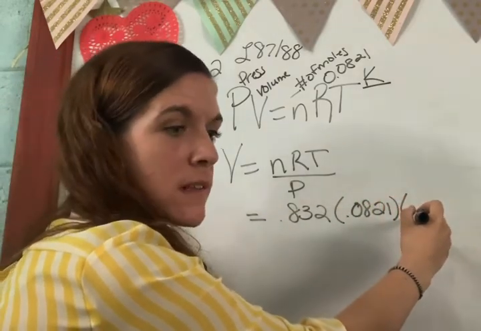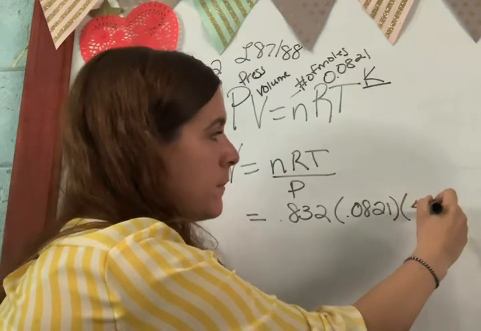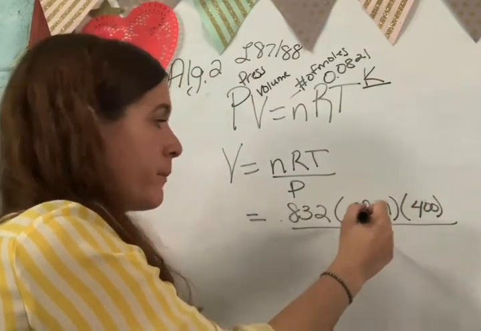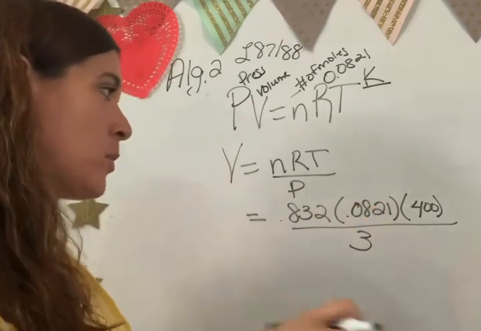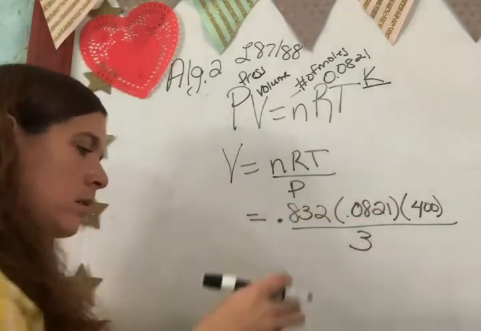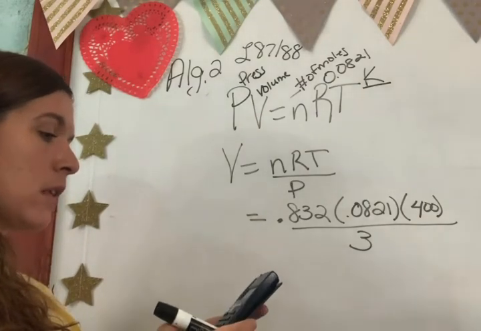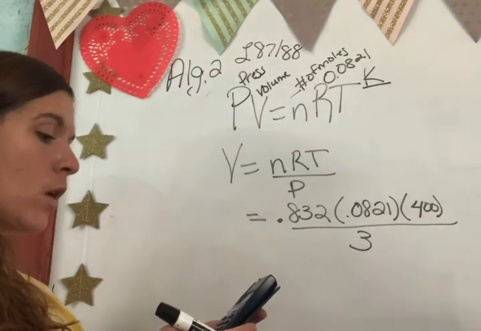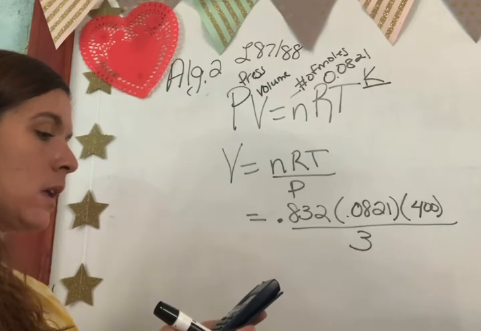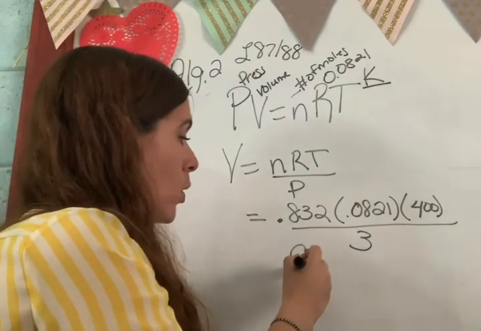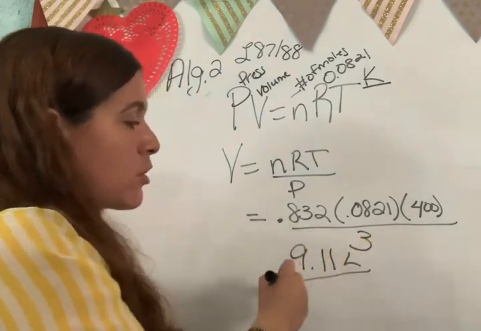Your temperature this time is 400. All over P, which is 3. Okay, and then you put that in your calculator. 0.832 times 0.0821 times 400 divided by 3. 9.11 liters. That's your volume.